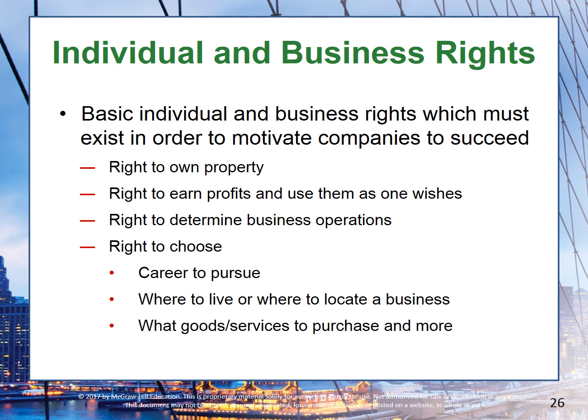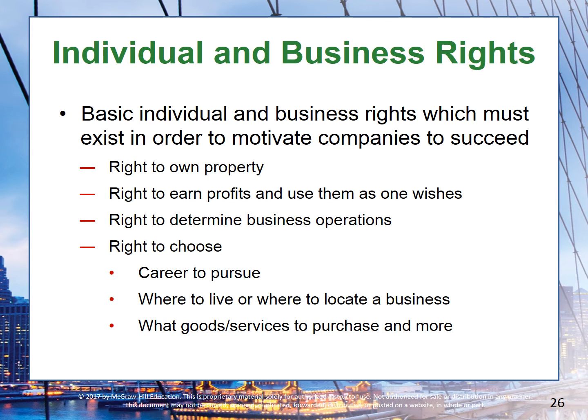A number of the basic individual and business rights must exist for free enterprise to work. These rights are considered the goals for many of the countries that have recently begun to embrace free capitalism and enterprise. Some of them include the right to own property, the right to earn profits and use them as one wishes, the right to determine your business operations, the right to choose your career, where you live, what kind of goods and services to purchase, and more.